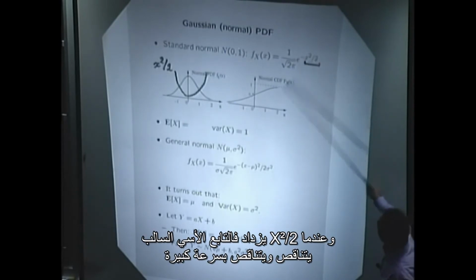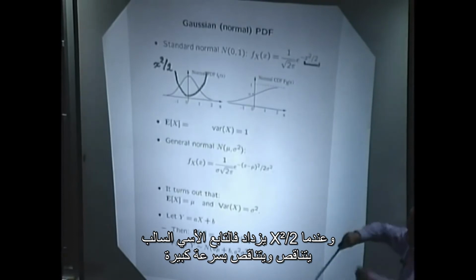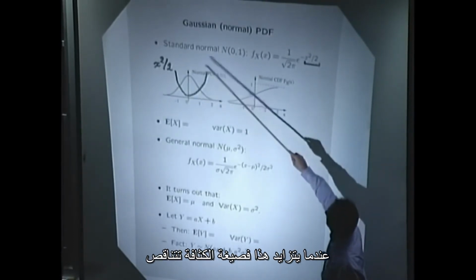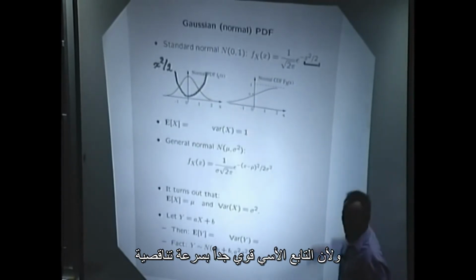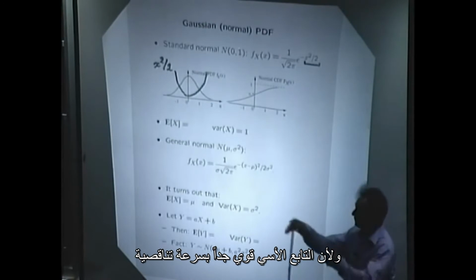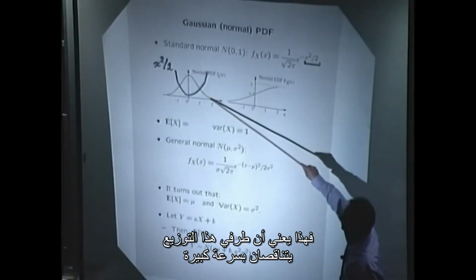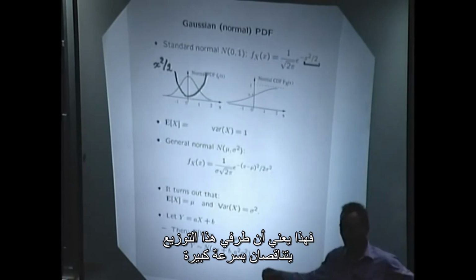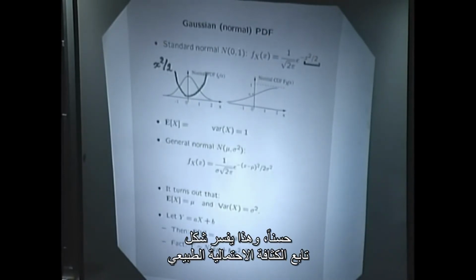When x squared over 2 increases, the negative exponential of that falls off, and it falls off pretty fast. So as this goes up, the formula for the density goes down, and because exponentials are pretty strong in how quickly they fall off, this means that the tails of this distribution actually do go down pretty fast. Okay, so that explains the shape of the normal PDF.